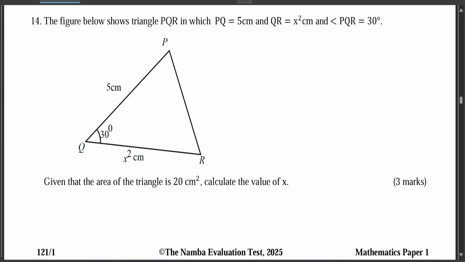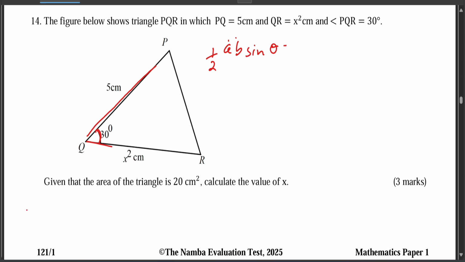So if you are given a triangle like that with an angle and two sides which meet to form this angle, the formula for finding such an area is given by a half ab sine theta, in which the two sides should be the ones intersecting to give you that angle.